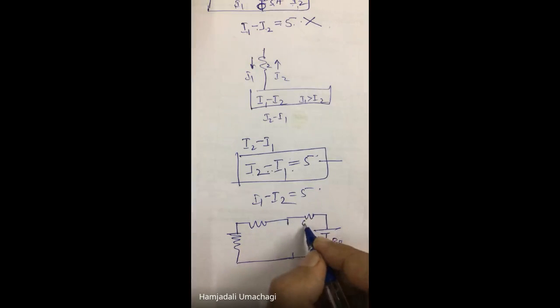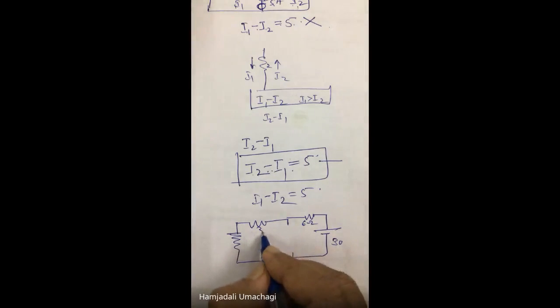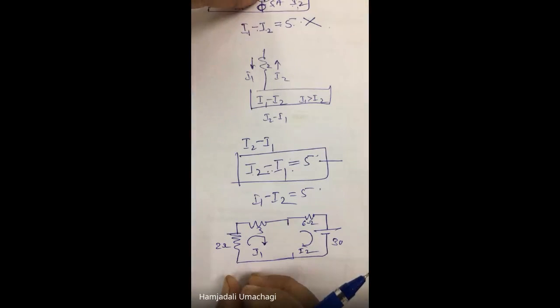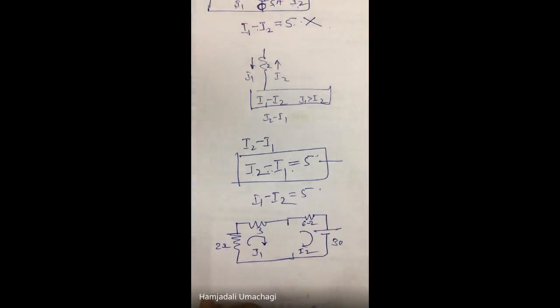Rest of the things are same only. ಎಲ್ಲ ಇದ್ದದ್ದು ಹಂಗೆ ಇಡಬೇಕು. 2 ohm. ಇಲ್ಲೇ ಲೂಪ್ ಕರೆಂಟ್ I1. What is the current in this branch? This is I2. ನಾ ಏನ್ ಮಾಡಿದೆ? I removed only the current source, but I haven't removed the loop currents. Those currents are still there.